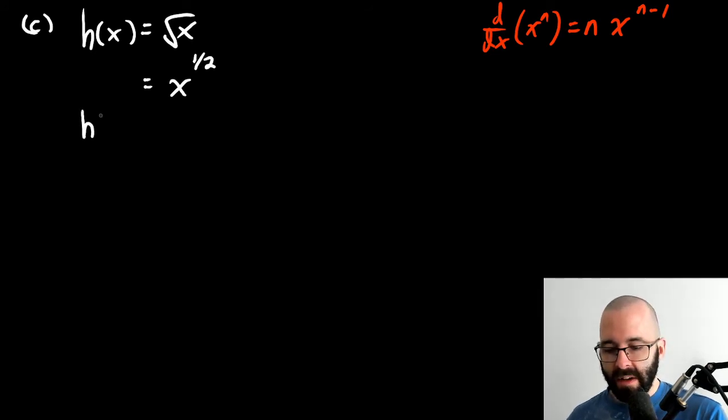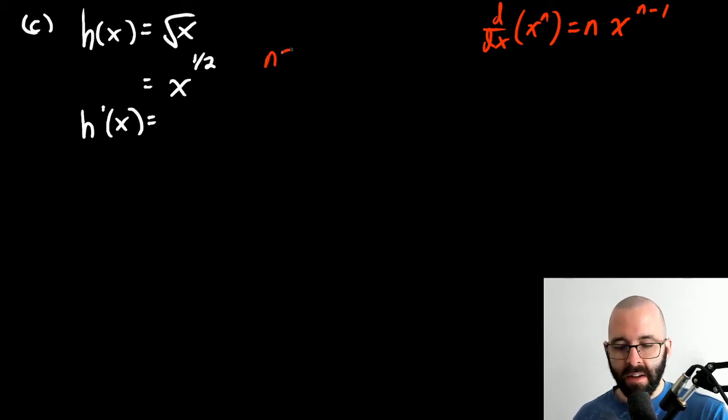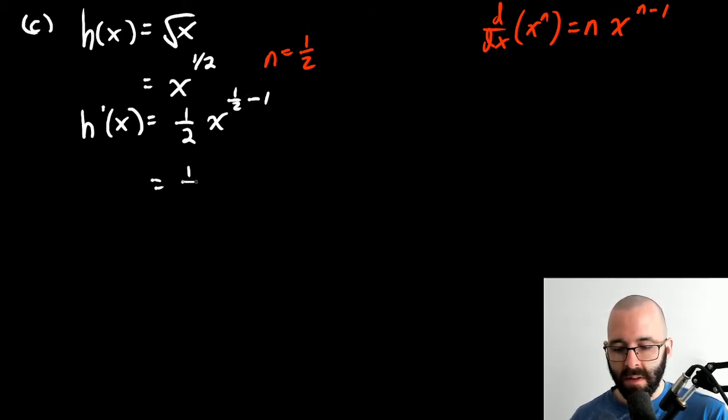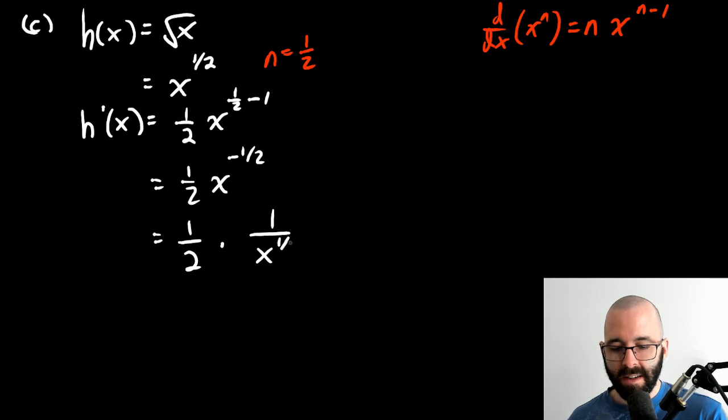So the derivative h prime of x, what is our n value here? n is 1/2. So use that formula. It's n, that's 1/2, times x to the n, which is 1/2, minus 1. Well, now it takes a little simplifying. 1/2 minus 1 is -1/2. Well, that's 1/2 times 1 over x to the positive 1/2.